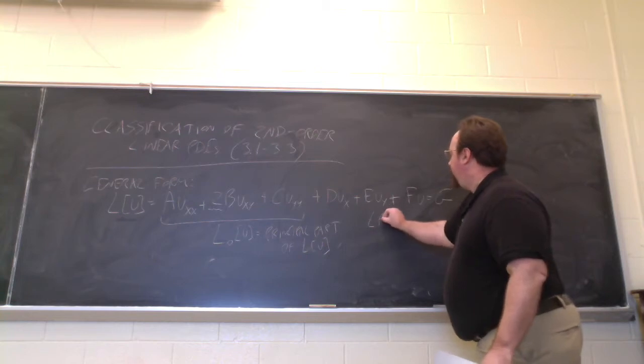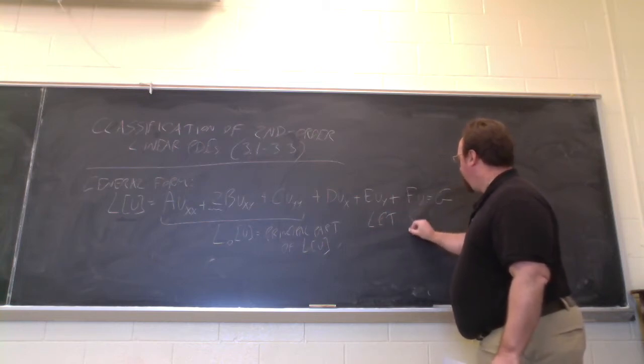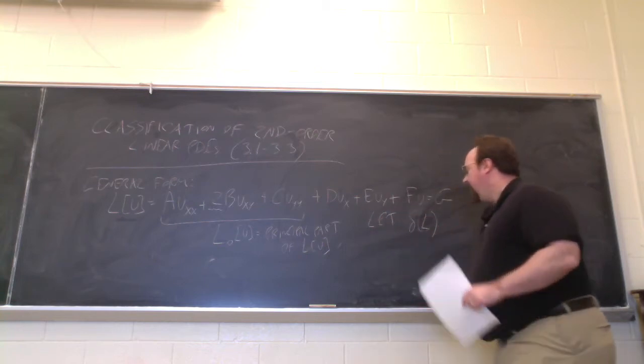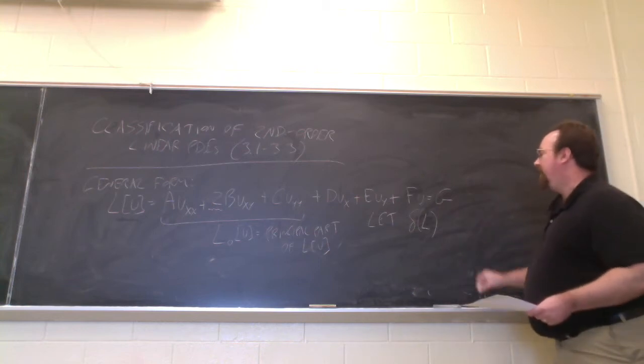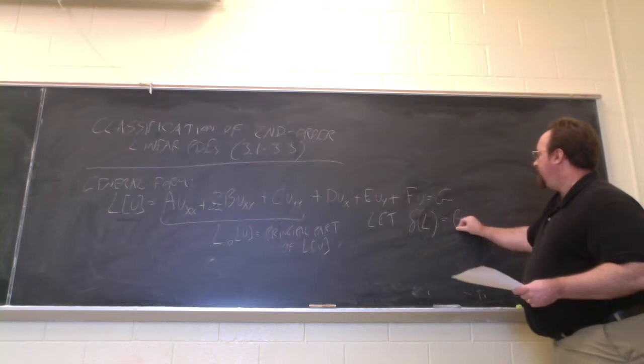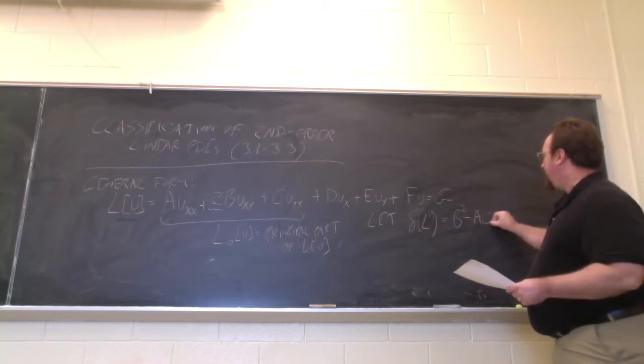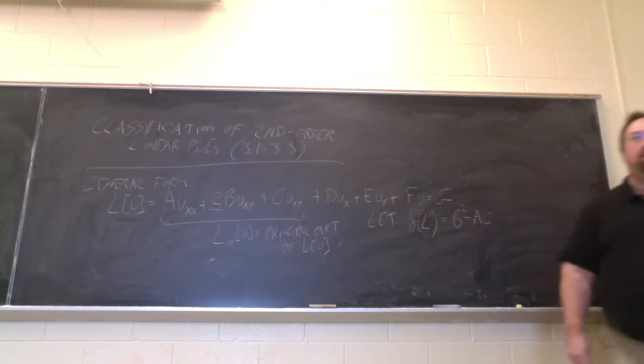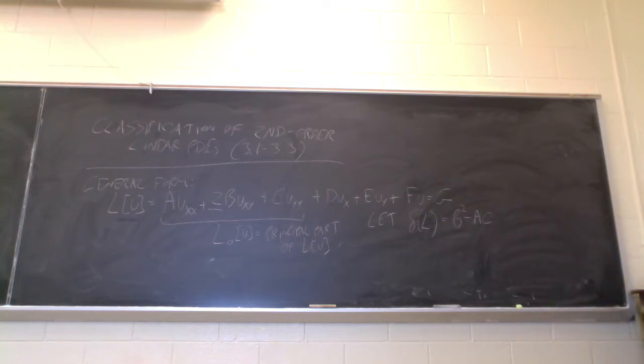So I'm going to define this notation, delta L, which is B squared minus AC. Before your antennas go off and say, shouldn't that be B squared minus 4AC?